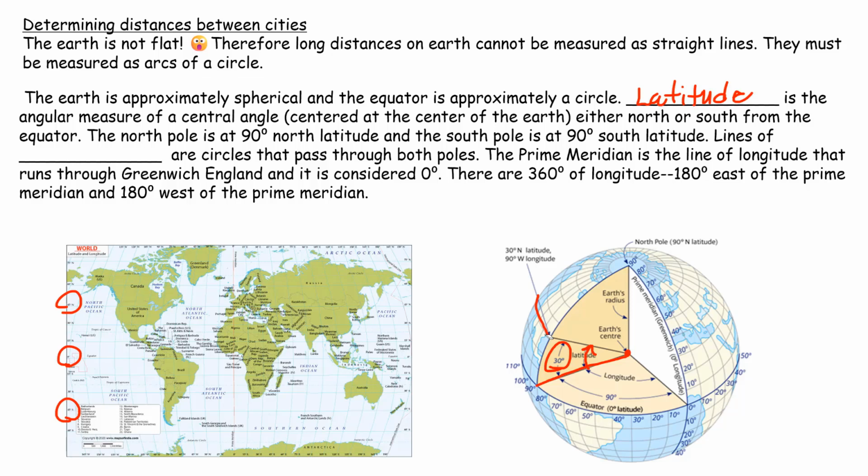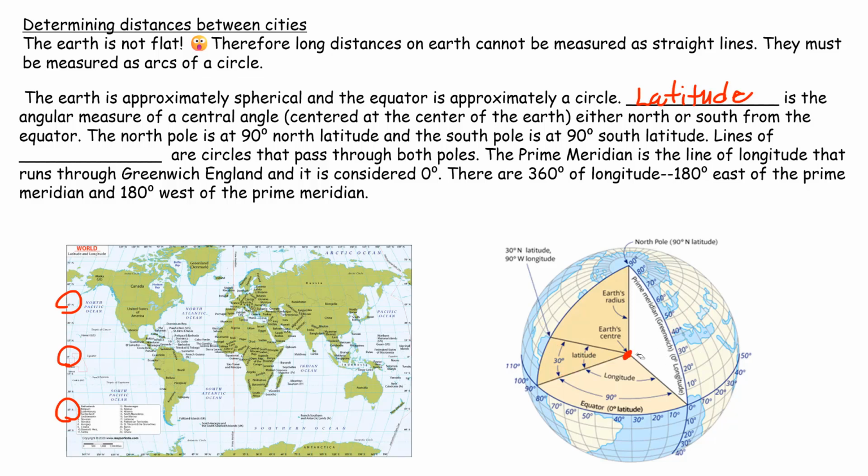All right. Longitude are the lines that go vertical. They go from the North Pole to the South Pole all the way around the Earth. The prime meridian, which is a line of longitude, is considered 0. That is the line of longitude that goes through Greenwich, England, through the North Pole and the South Pole, and comes around.